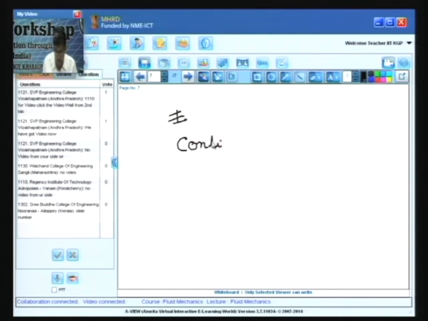Oh, it requires tremendous pressure. Continuum. You understand? Continuum.